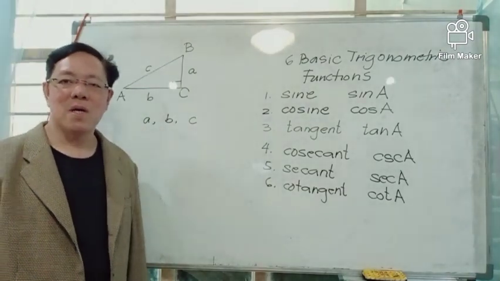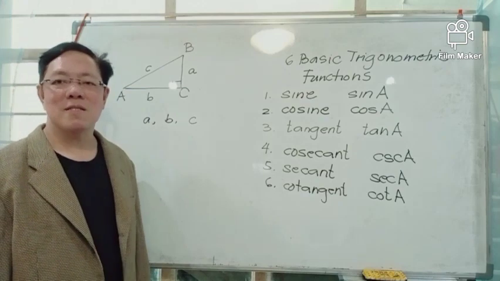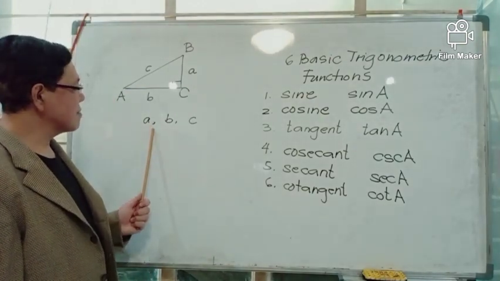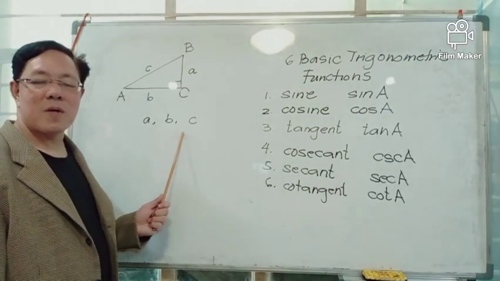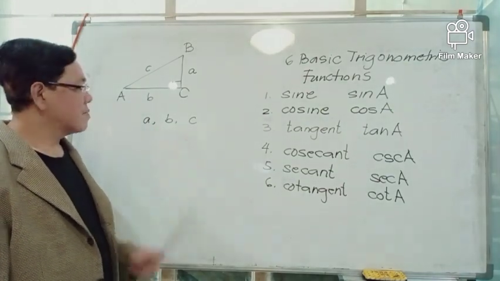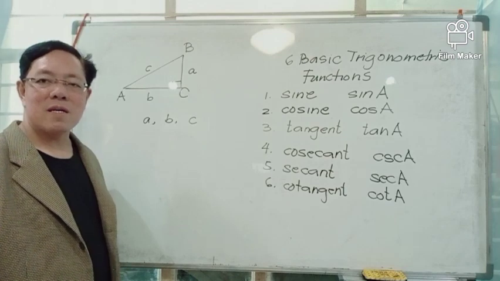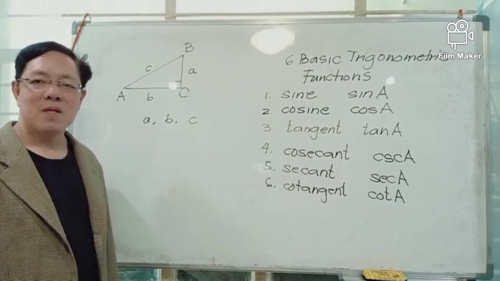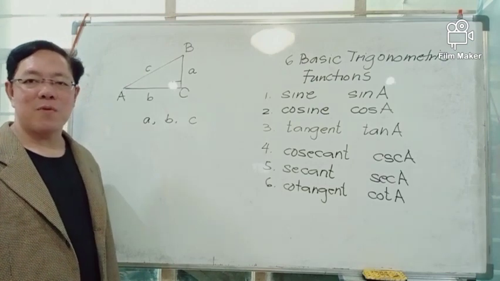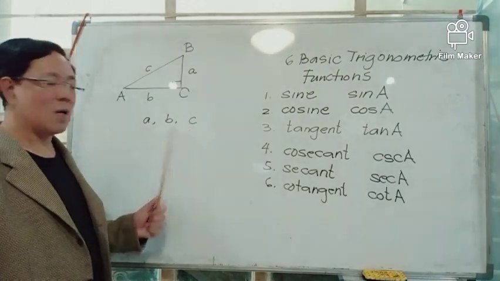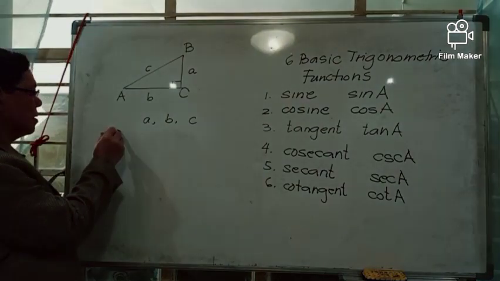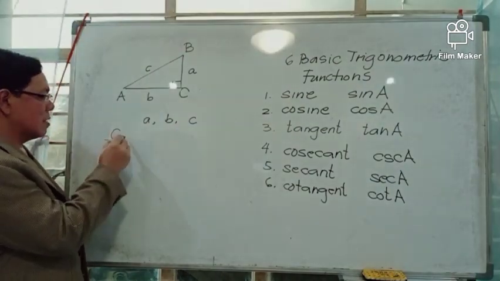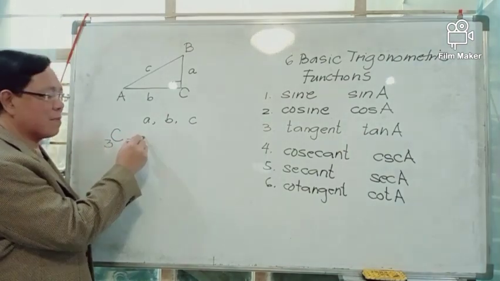Now from algebra or from basic statistics, if you take 2 sides from 3, the number of ratios that can be formed is equal to the combination of three sides taken two at a time.